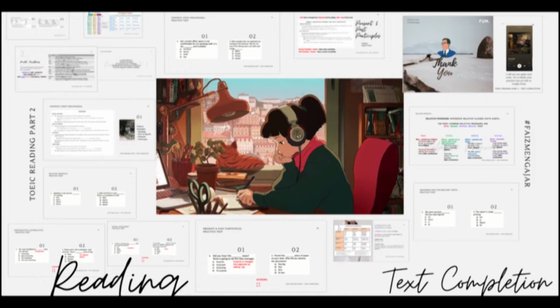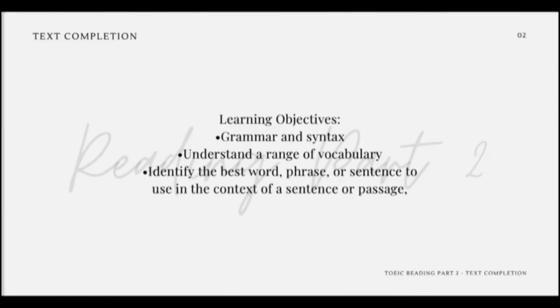So the first part of the reading for text completion is the learning objectives. In this case, we will still talk about grammar and syntax, and then vocabulary, and then words, phrases, or sentences, but it is not as many as what we have learned previously.